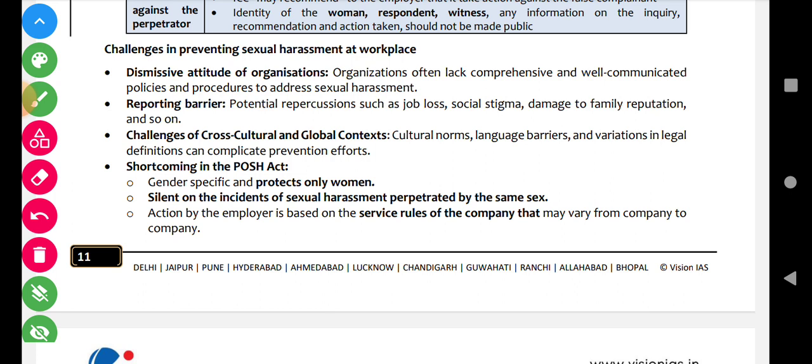So these are the reporting barriers for women in their society.